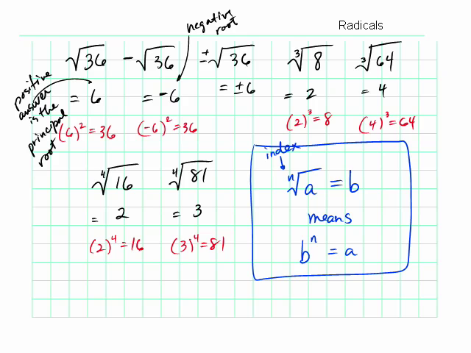And so notice here my index was 3. Here my index was 4. For square roots, the index is actually a 2, though we don't write it in. The index can be any whole number greater than or equal to 2. Let's look at some more examples now.